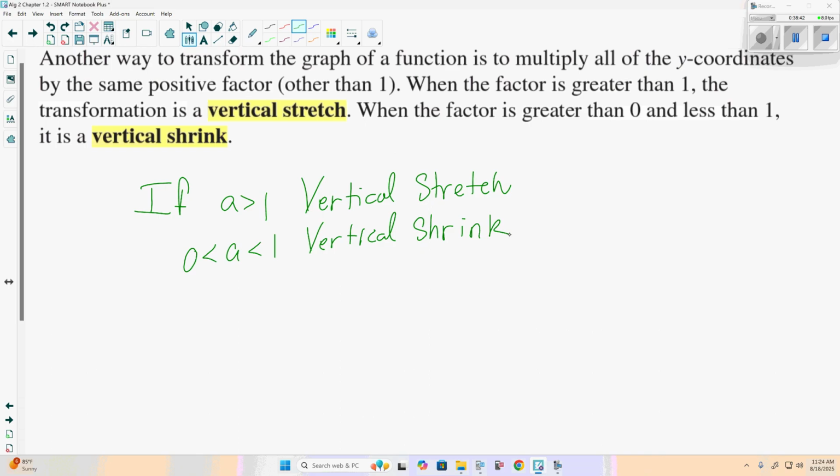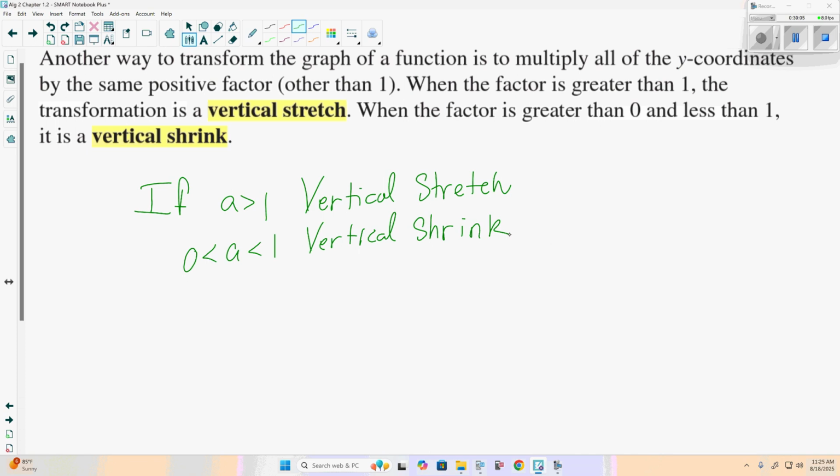This here, vertical stretch and shrink, we're specifically looking at the value of a, not its sign. If the number there is bigger than 1, 1.1, 2, 3, 15, it's a vertical stretch. If it's between 0 and 1, it's a vertical shrink.